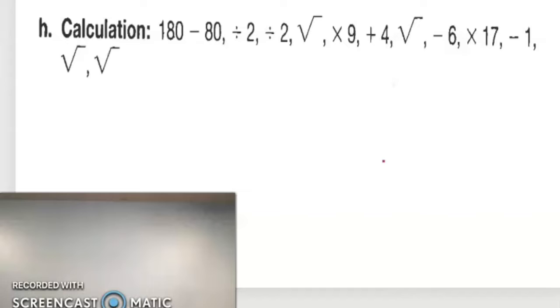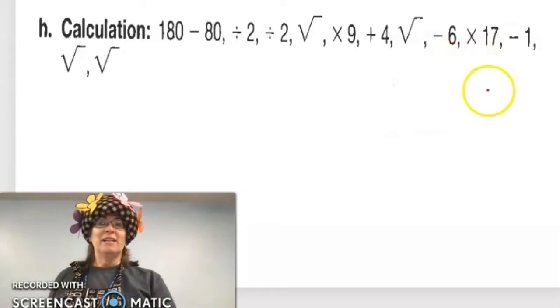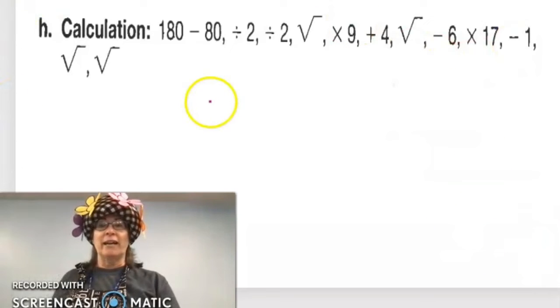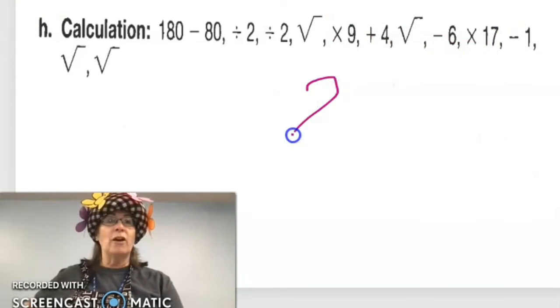Square root that. 5 times 9, 45 plus 4, 49. Square root, 7 minus 6, 1 times 17. 17 minus 1, 16. Square root, 4. Square root, 2. Very good. Okay, so let's put the answer here: it is 2.